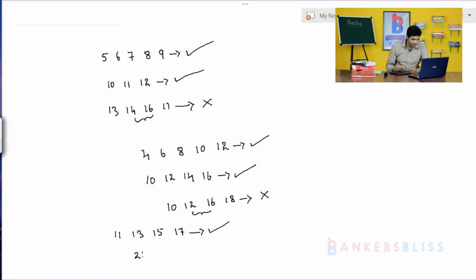Next, 21, 23, 25, 27 are consecutive odd numbers. But 11, 13, 17, 19 are not consecutive odd numbers, because between 13 and 17 we skipped an odd number.